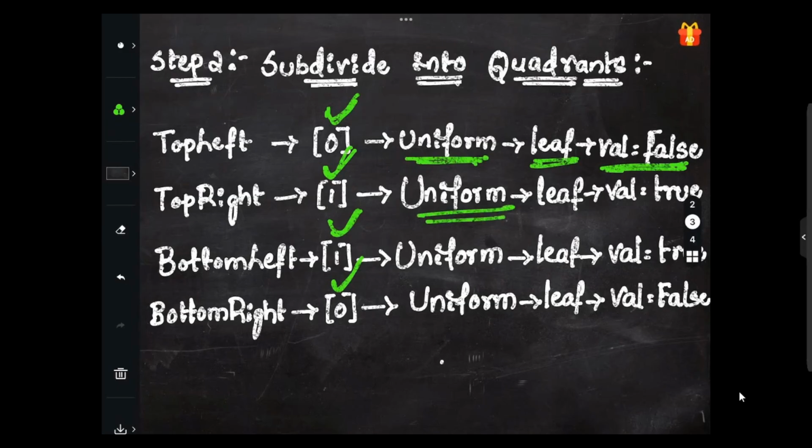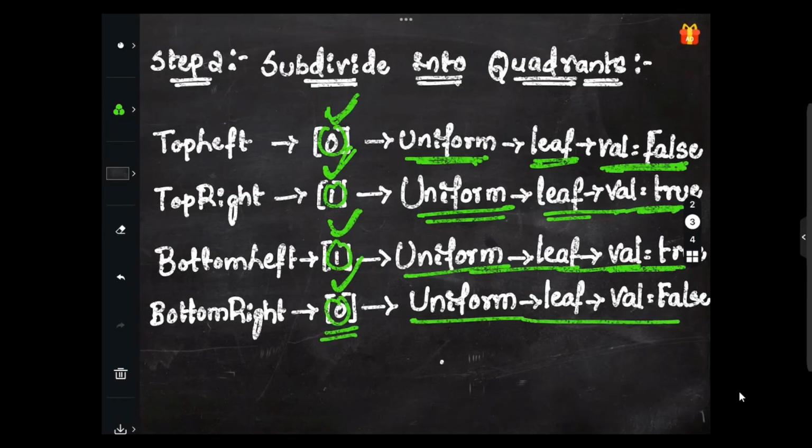For the top right, the uniform leaf value is true, because 1 is true. Then again 1 is true. Here again we have 0, so the uniform leaf value is false. This is similar to a truth table.